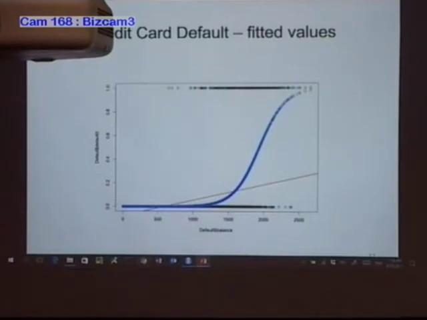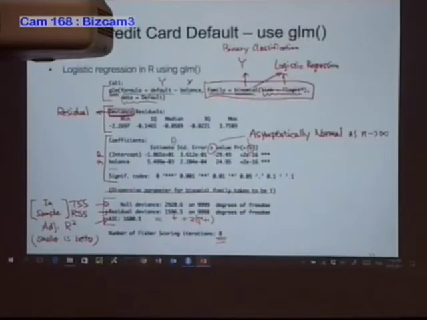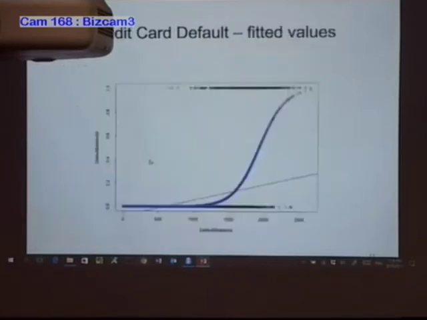Given the best fit, beta 0, beta 1 here, we can plot the model output. Right? So remember earlier we had a linear regression fit that goes to negative and positive infinity. But this guy is going to be S-shaped, and this is going to be in the range of 0 to 1. Right?